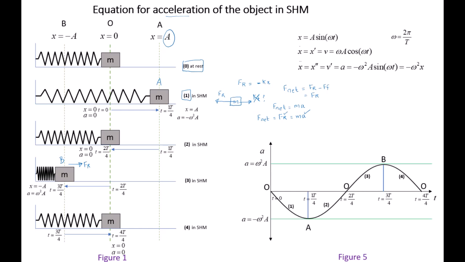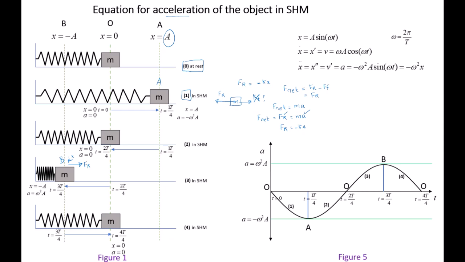So displacement is negative, pointing towards left. So this is negative x, and the restoring force expression is: restoring force equals negative kx. And since restoring force is negative kx, minus of minus will be plus, and therefore restoring force will be acting towards the center, the point O.